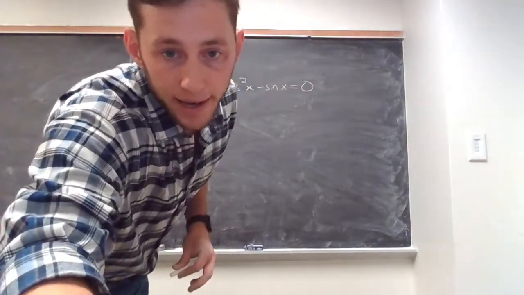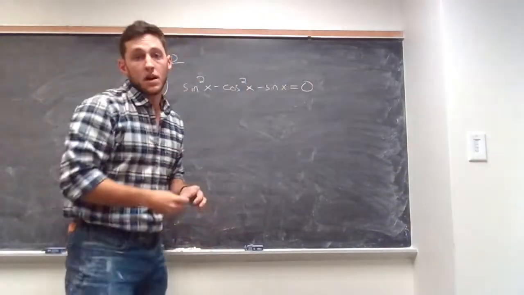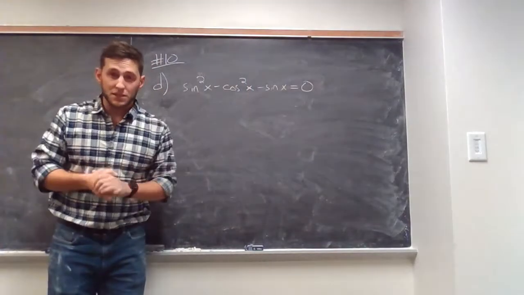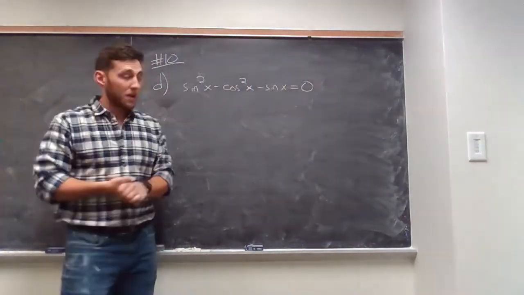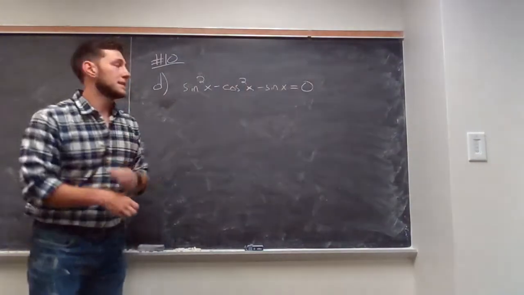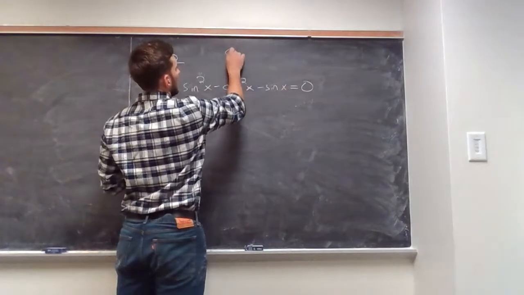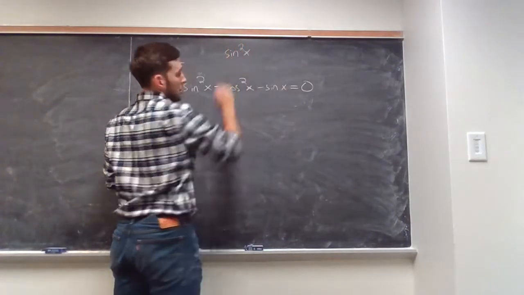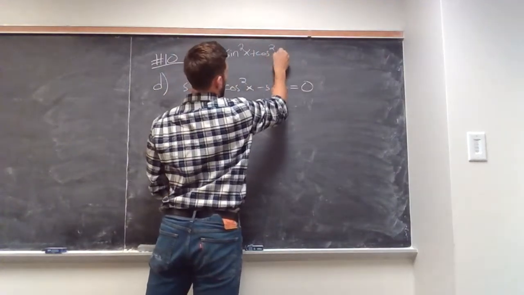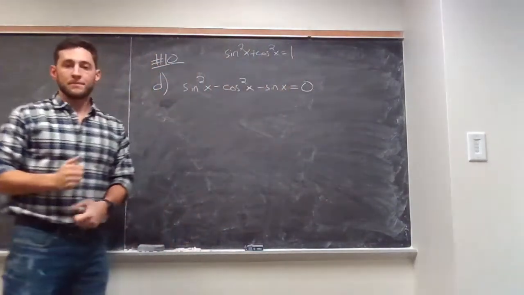Now, if we had all of them being the same, we wouldn't really have to do anything. But since there's a cosine involved and the rest are sines, we want to invoke a trig identity. The identity that we're going to invoke is the very first one that we learned: sine squared x plus cosine squared x equals 1.